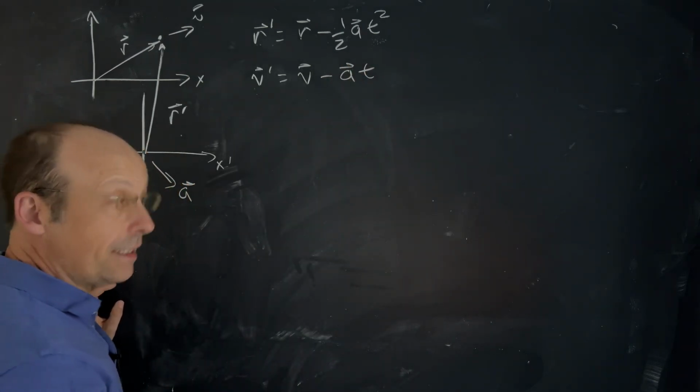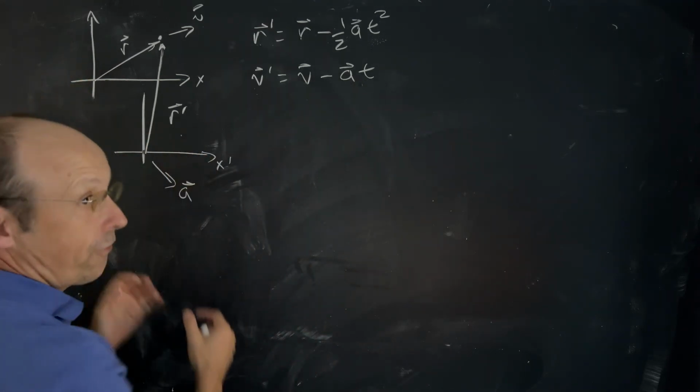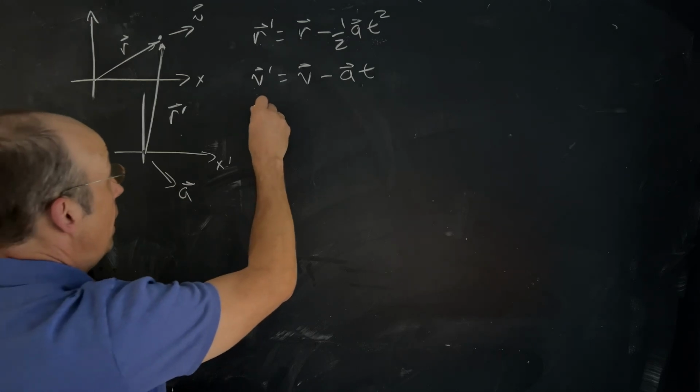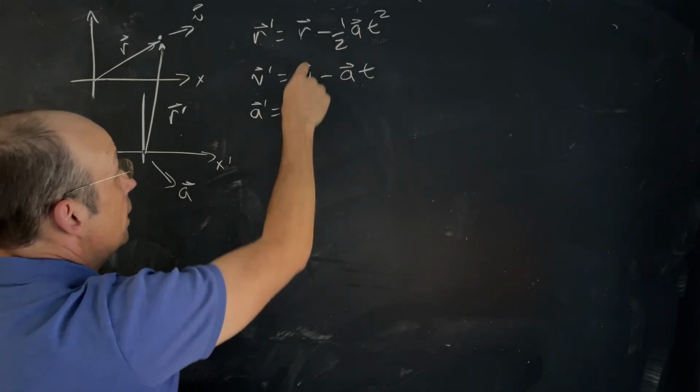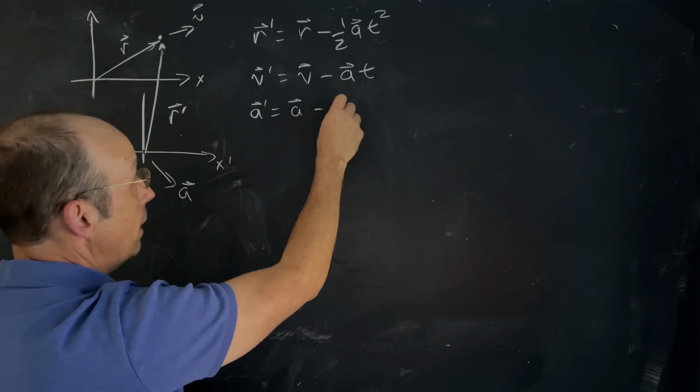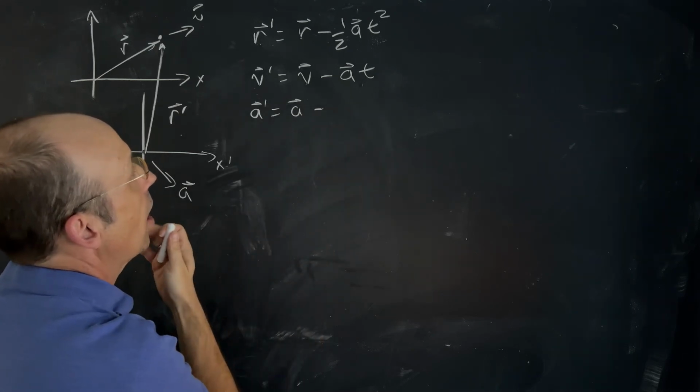But minus a t is the velocity of that frame. Now if I take the derivative again, I get a prime is going to be the derivative of the velocity, which is a, the actual acceleration, minus, oh wait, I did that wrong.